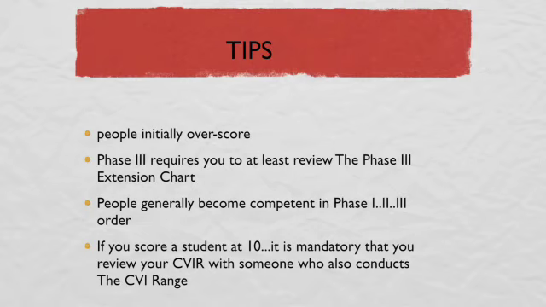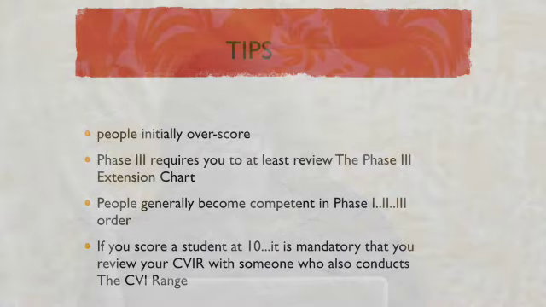Remember that you have to convince yourself that the way you're scoring this is true of the child almost all the time. We can also use the phase 3 extension chart that's available in my book to help support your thoughts around phase 3 and to help analyze some of those components in scoring the CVI range, especially when the child scores 7 or above.